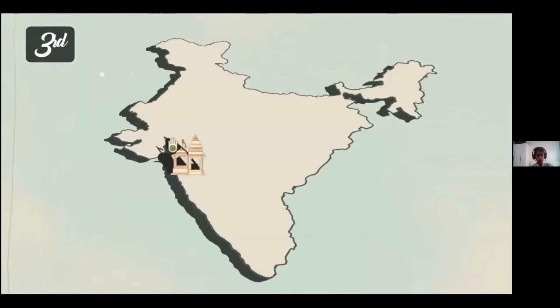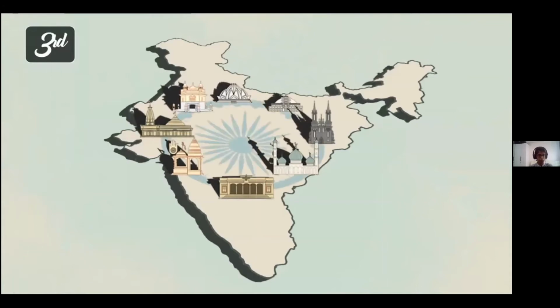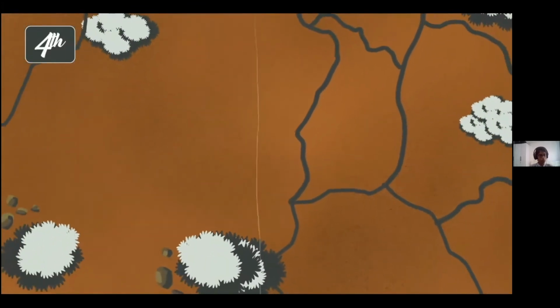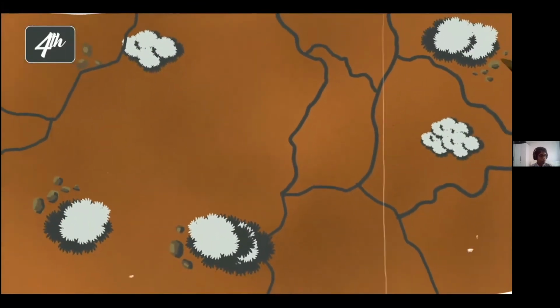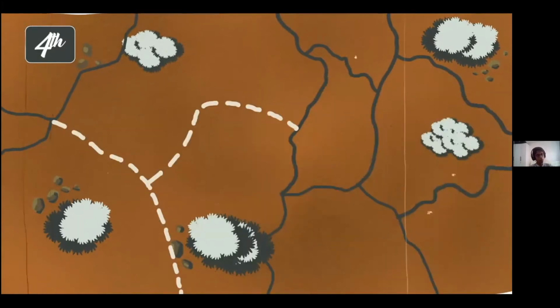Third, usher in a multi-religious secular democracy by assuring individual freedom of religion and keeping the state away from organized religion. And lastly, to restructure a feudal economy based on concentrated or inherited wealth and large landholdings by distributing land and other economic resources and ensuring social and economic welfare.